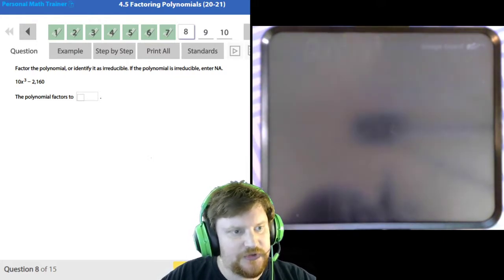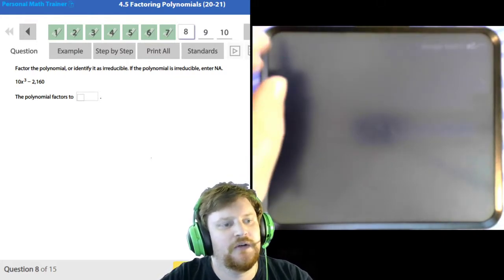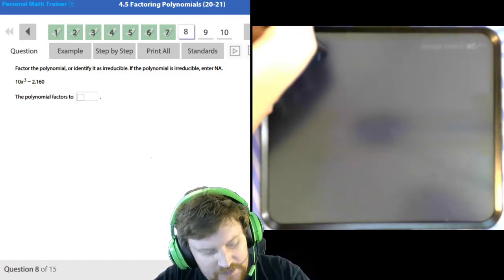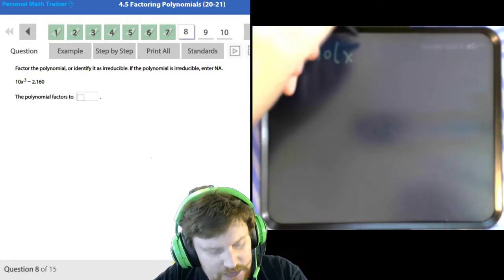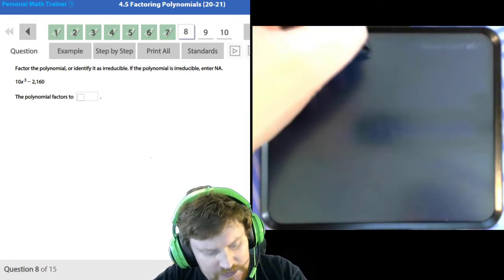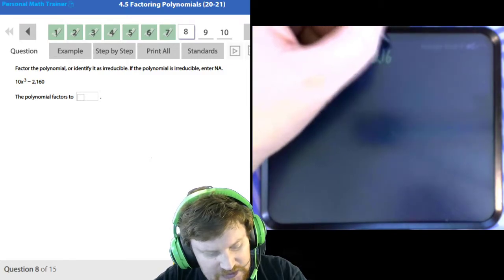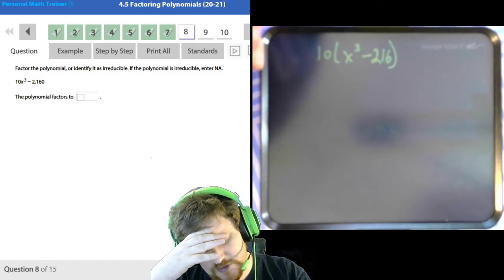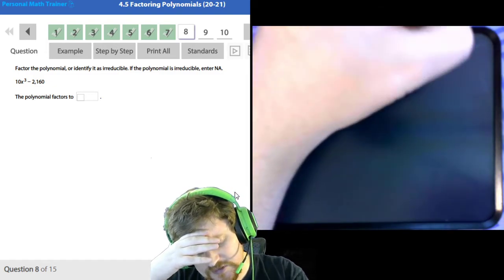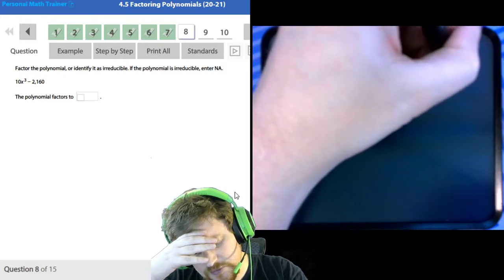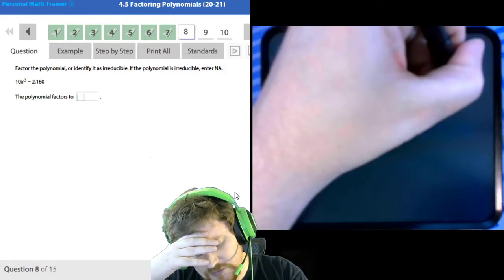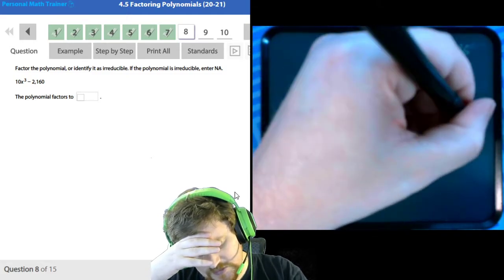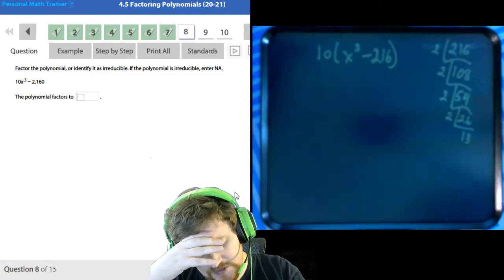Oh, those are big numbers. Luckily, the 10 factors out, so I have 10 times x cubed minus 216. I don't think 216 is a perfect cube, though. 216 divided by 2 is 108, divided by 2 is 54, divided by 2 is 26, divided by 2 is 13.